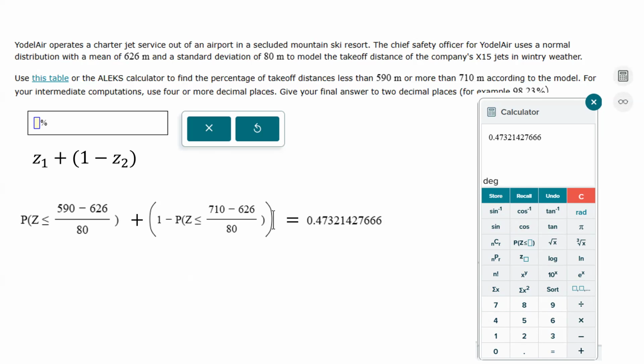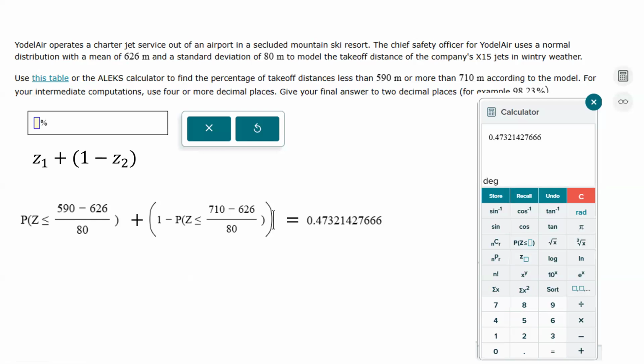Or if I had used the table, which I did before I was going to make the video showing that, I got 47.33 with the table. So there's a little bit of variance, but 47.32 or 47.33. That's how close this is, and it'll take both as the correct answer.